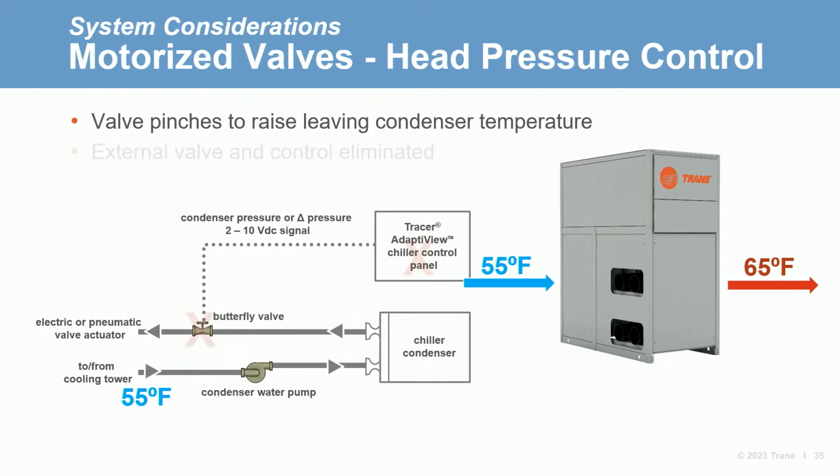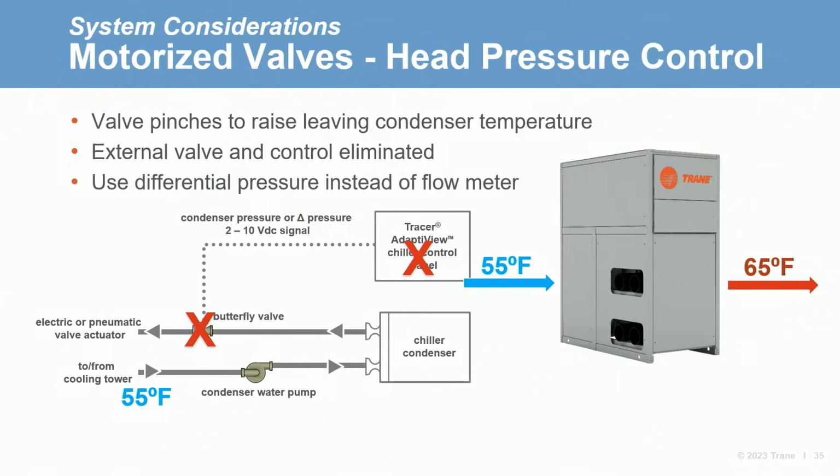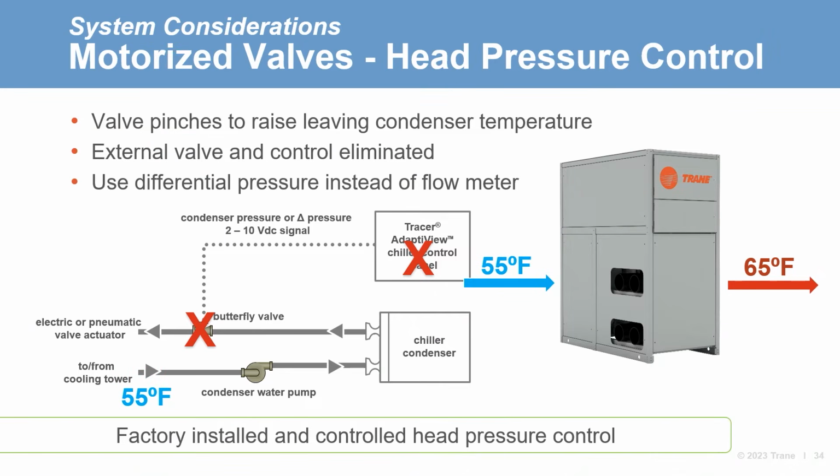This eliminates the need for field-installed and controlled devices and simplifies the design, install, and operation of the chiller plant. Note that when using this method of head pressure control, pump speed should be controlled via differential pressure instead of a flow meter, as a flow meter and the chiller valves tend to fight one another.